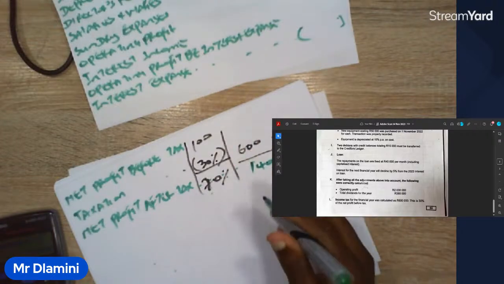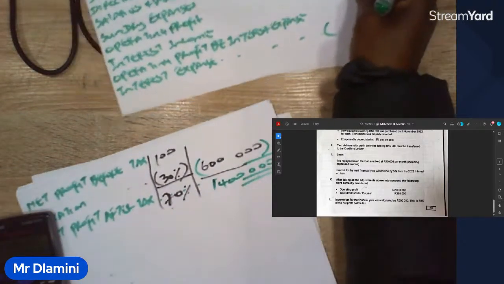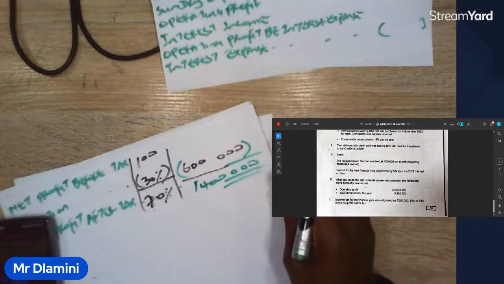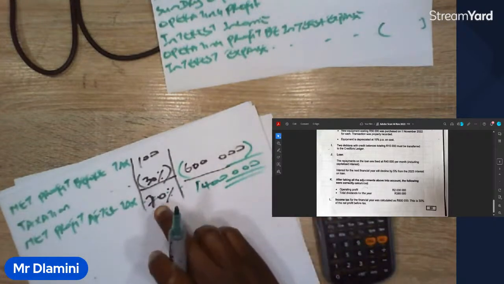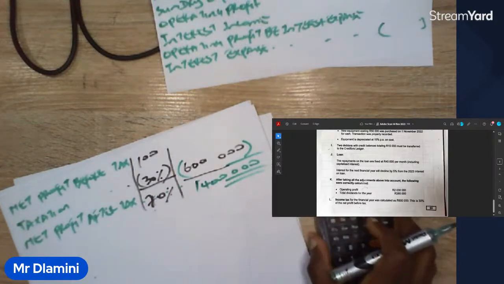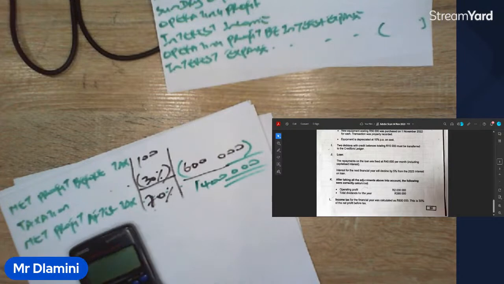Then we can also get, remember this figure, it's in brackets, right? You can also get it before tax. You can say this figure, 1.4 million times by 100 divided by 70. Remember, the cash flow is saying profit before tax, with adjustments in respect of depreciation as well as interest expense.